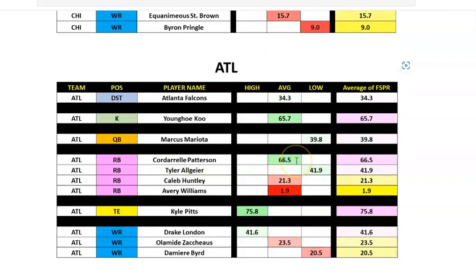Patterson. This is Atlanta. Mariota, I don't know, QB 2-3. Vegas would probably argue that number's too low. Patterson, though, looks like he can be an RB3 this week. Maybe Tyler as well.